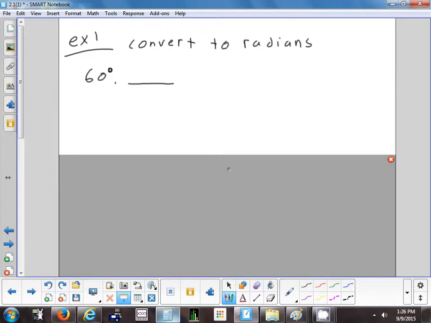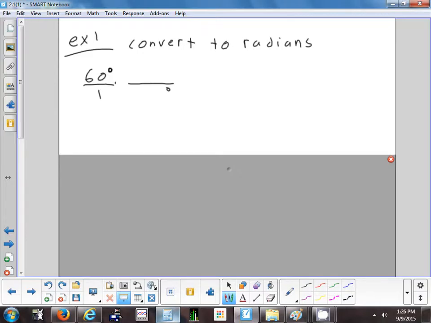All right, so somehow we want to get rid of degrees. So Tommy, think of degrees as being in the top of this fraction. Where would it go over here to make it cancel out? Bottom. Yeah. Anytime you have something in the top and the same thing in the bottom, they cancel out.